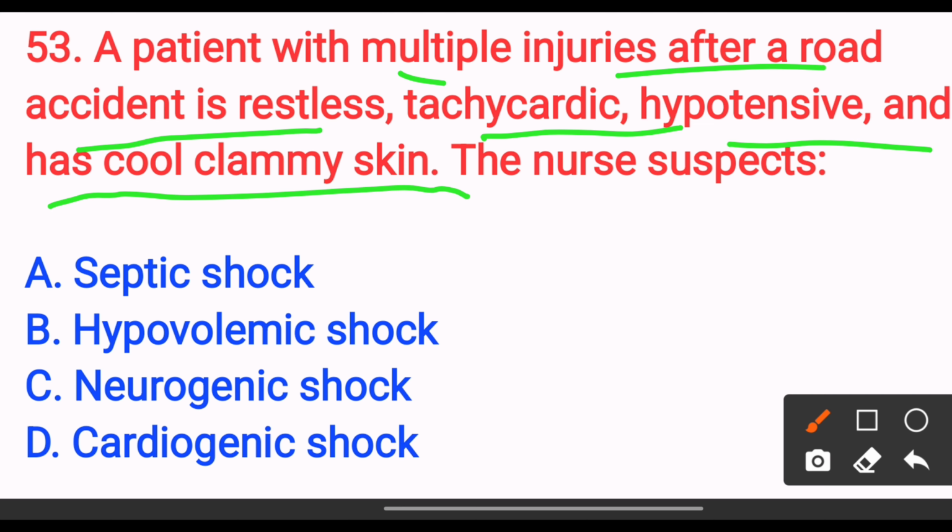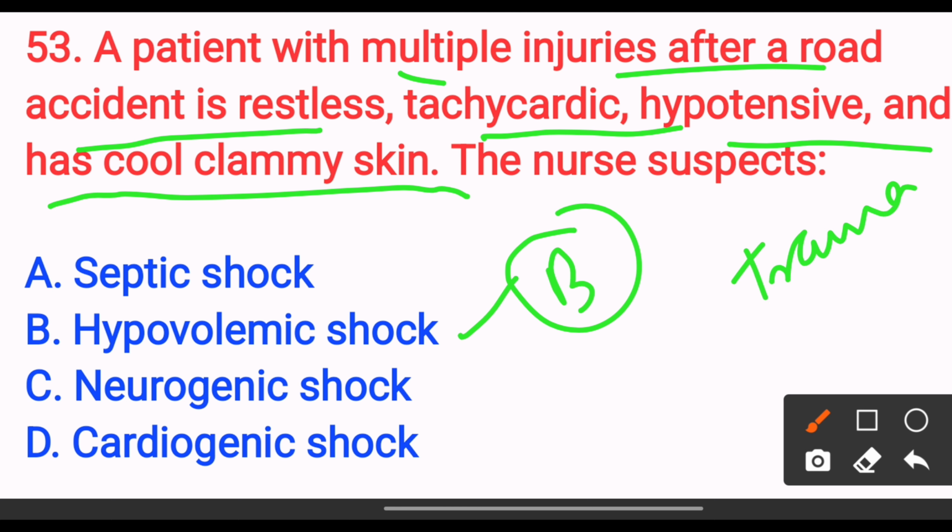Option D, cardiogenic shock. The answer is option B, hypovolemic shock, because trauma plus blood loss occurs here, and this is the sign of hypovolemic shock. Signs like tachycardia, hypotension and cold skin. So the answer is option B.